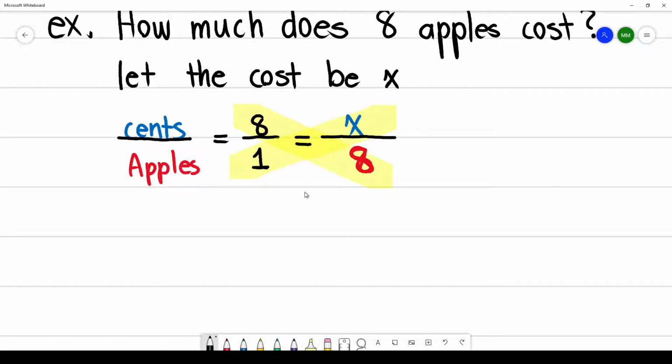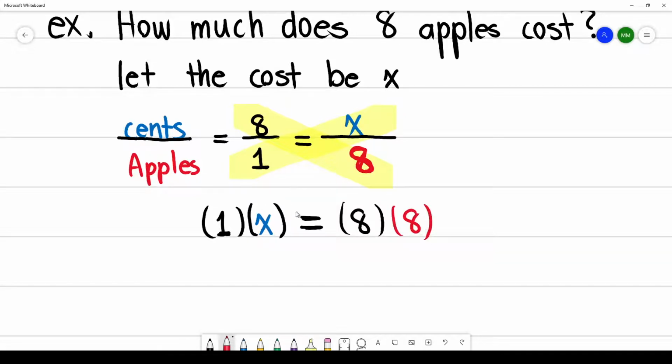So what you will have is, when I do a multiplication, I'll draw parentheses, 1 times x. You multiply this on one side of the equation, and that is equal to 8 times 8.